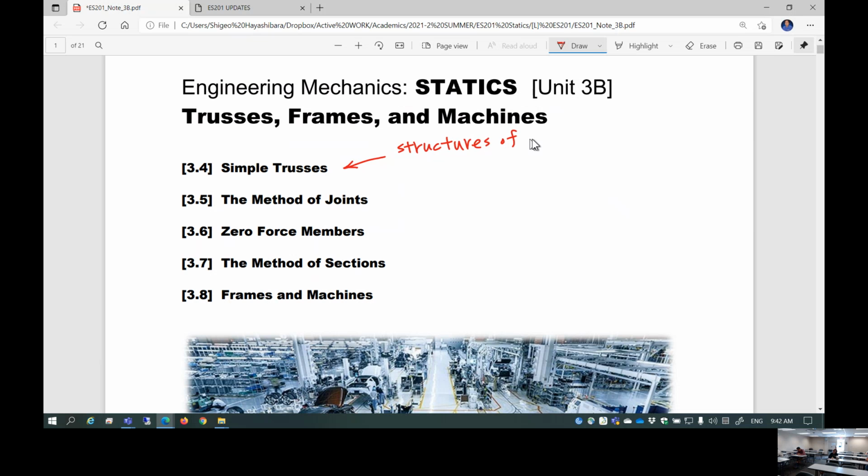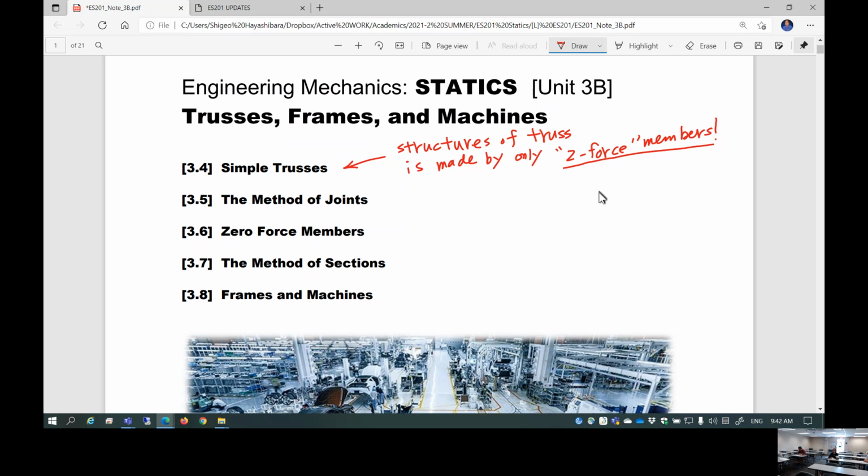Structures of truss are made by only two force members. What are two force members? Do you remember that? Two force members. Only two forces acting on a member.